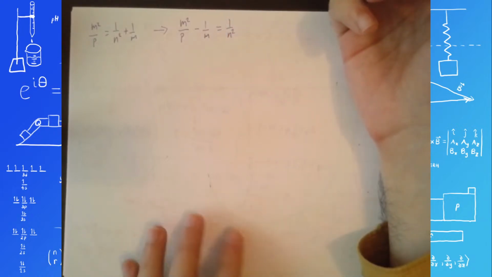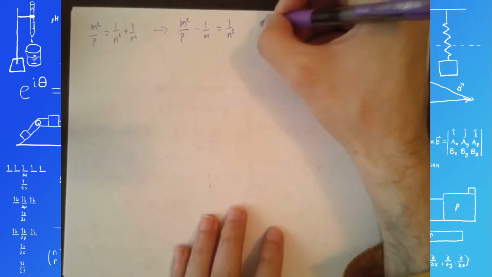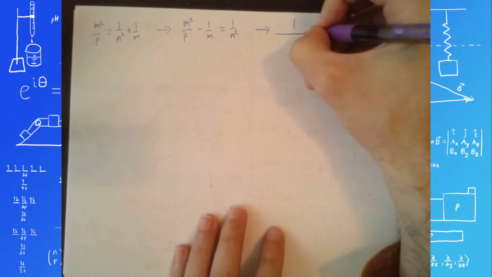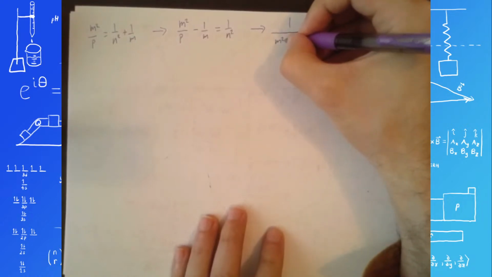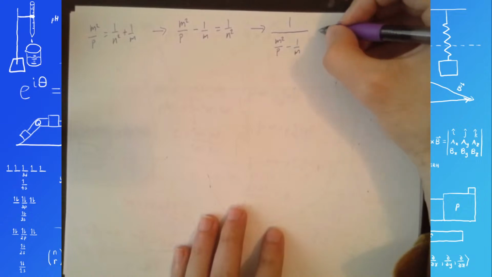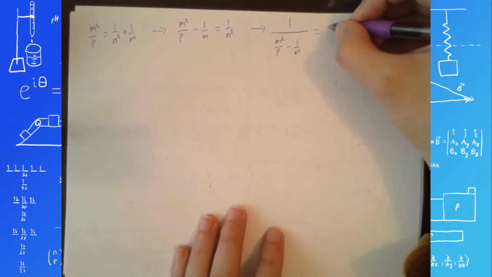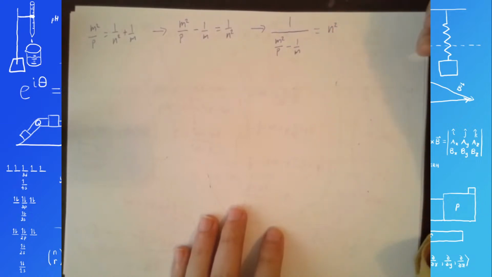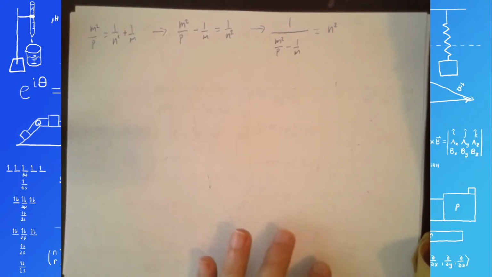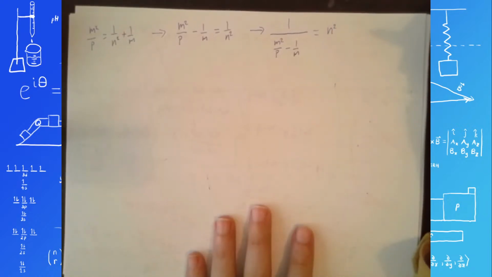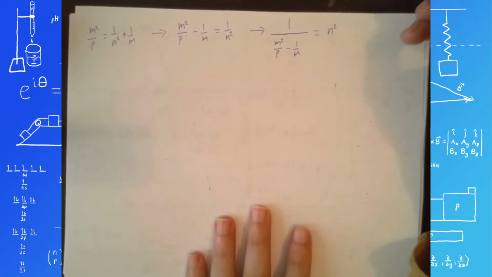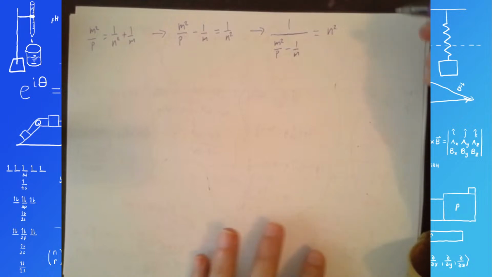Oh, and now if I take the reciprocal of both sides, I get 1 over m squared over p minus 1 over m equals n squared over 1, or 1 over n squared, which reduces to n squared. Okay, and I could just say I'm done here, take the square root and be done with it.